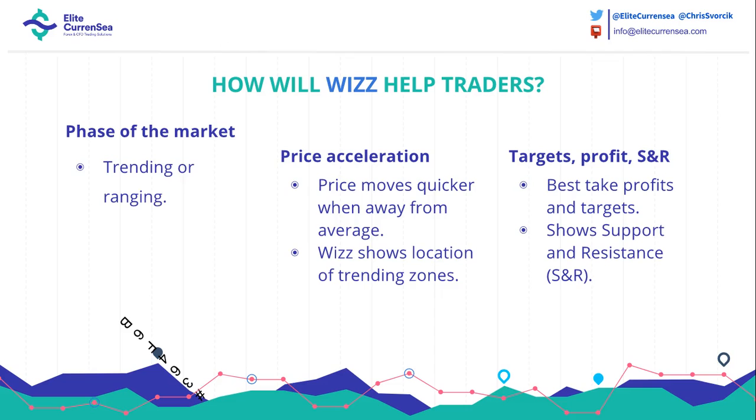If it is within the consolidation levels, price will probably just go sideways, right? Of course, it could break out eventually. So it shows where those trending zones are, which makes it very useful for take profits, basically targets and support and resistance levels.